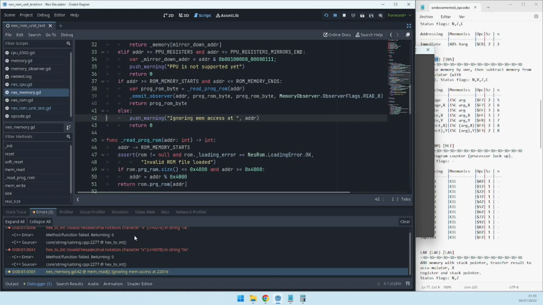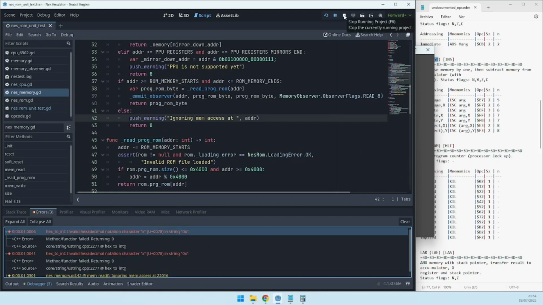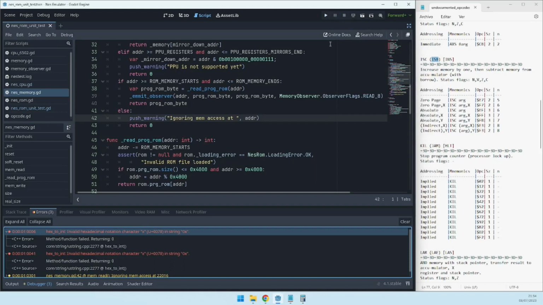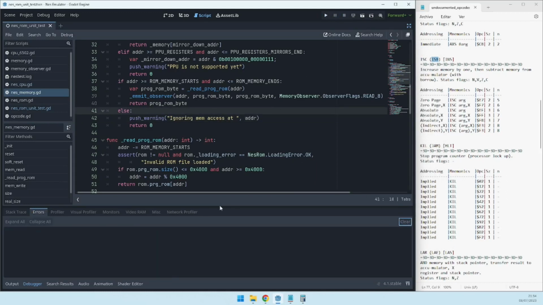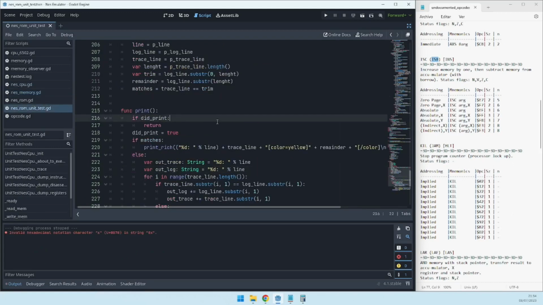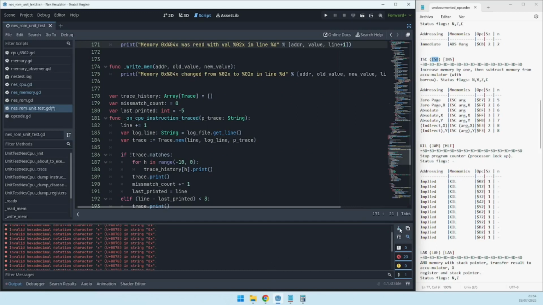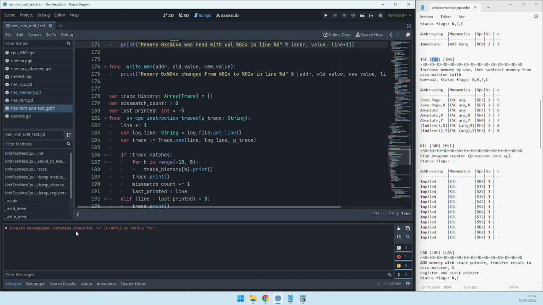I will eventually find what it is. For now, I will undo what I changed. Every time I make a change, it parses again and prints the error.